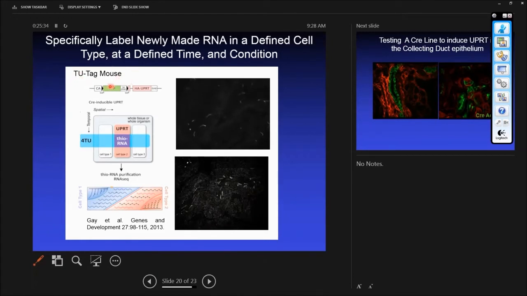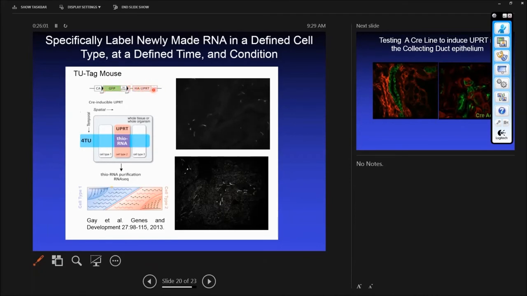This mouse, what it does is we're able to express a gene called UPRT in a specific cell based on what's called a Cre deletion. Remove this and the gene is induced to be expressed. And we have a Cre, this enzyme is only active in a particular cell type, in this case the collecting duct cell or the proximal tubular cell.